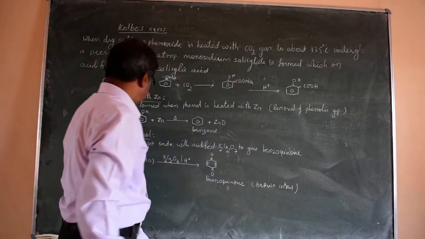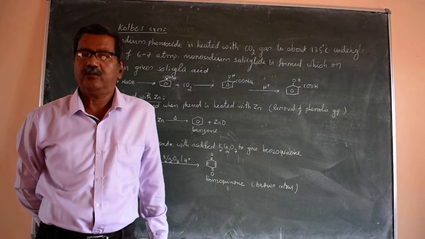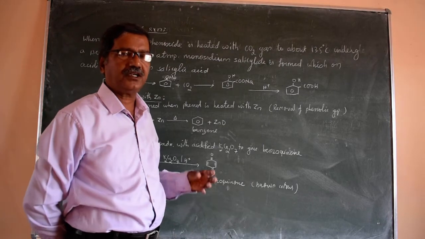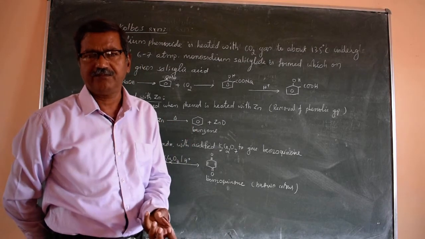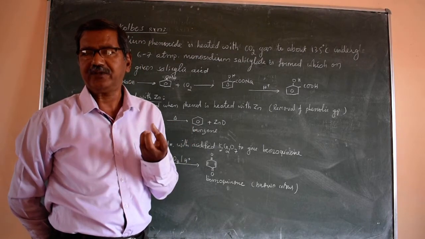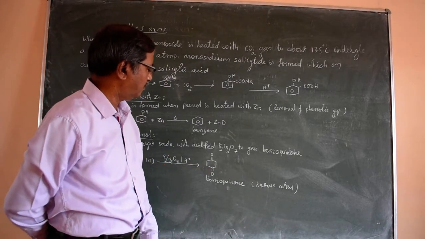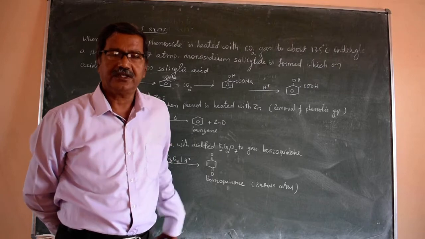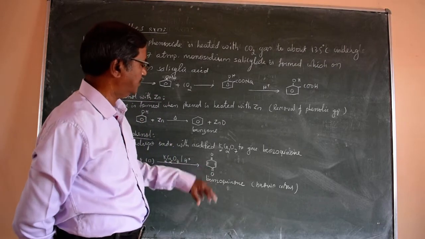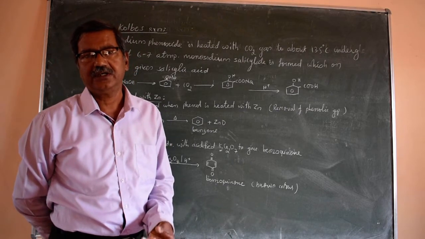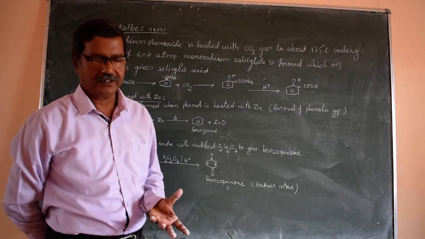Even the brown color of phenol when it's exposed to air is due to the formation of a mixture of products. Phenol interacts with the air and undergoes oxidation to give a mixture of ortho and para products. So due to this oxidation, it changes to brown in color.